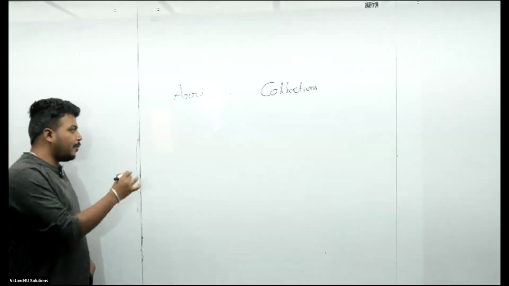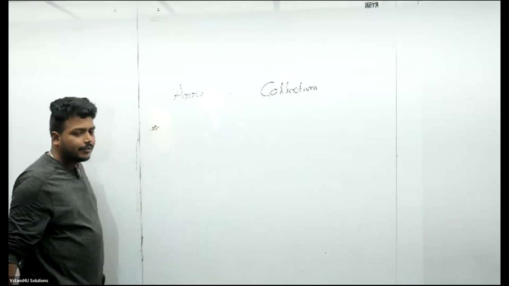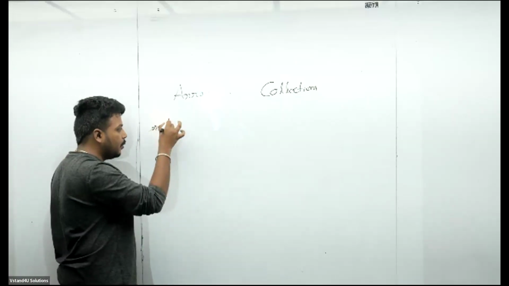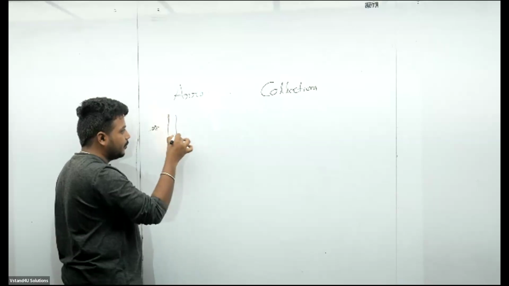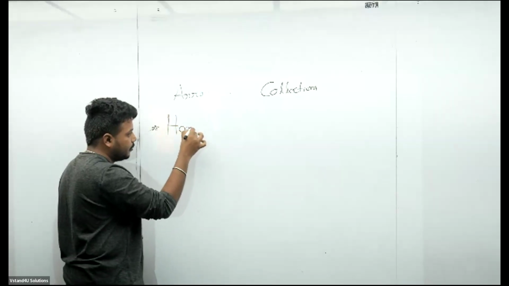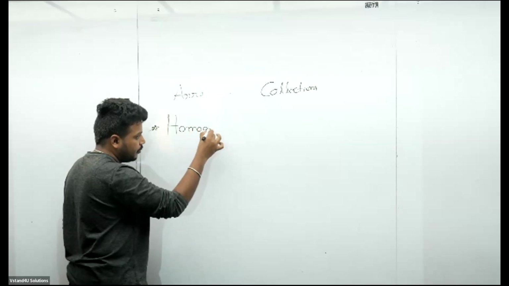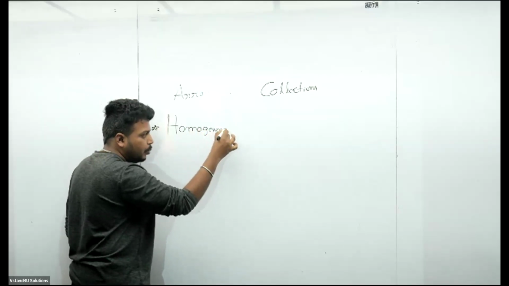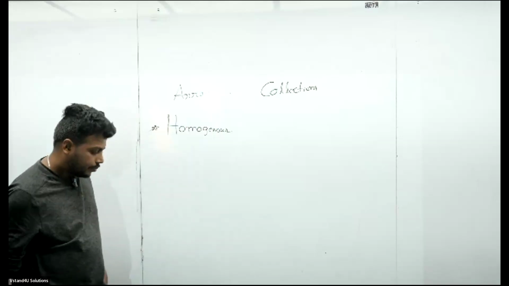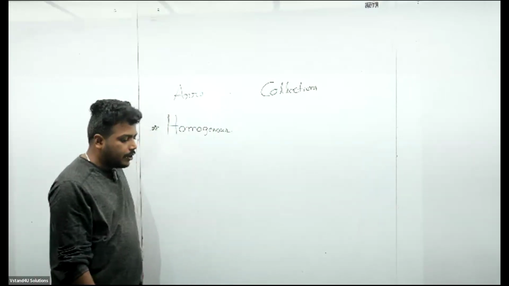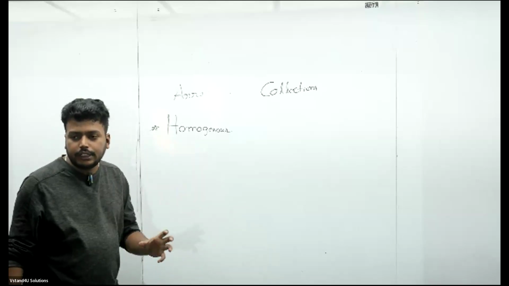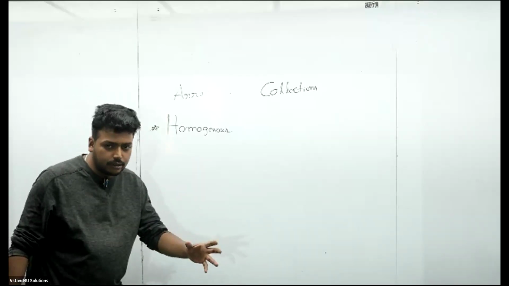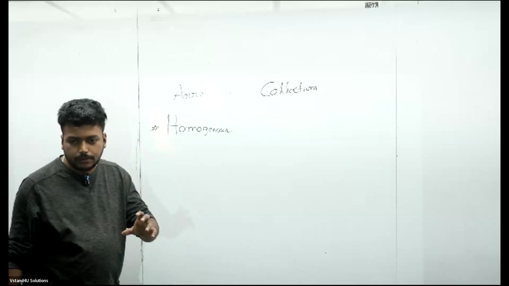What is the first point? Array is homogeneous. What is meant by homogeneous? If I use the integer data type, it should be followed by integer only. If I use string, it should be followed by string.